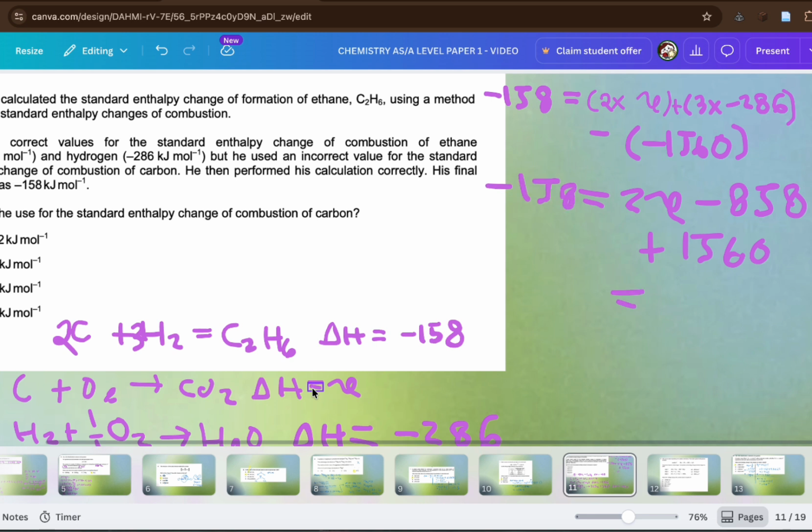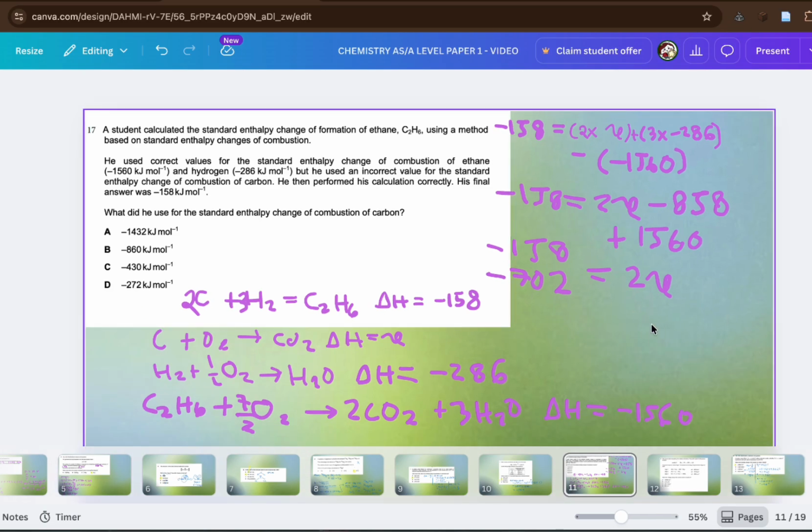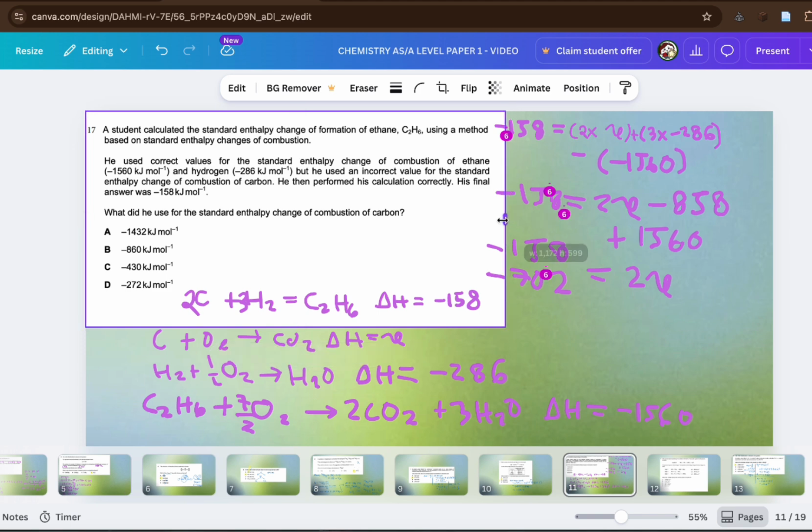So negative 858 plus 1560 is 702. We move 702 to the left. So it will be negative 702. Oh boy, it's getting messy here. Okay, we'll just do this.